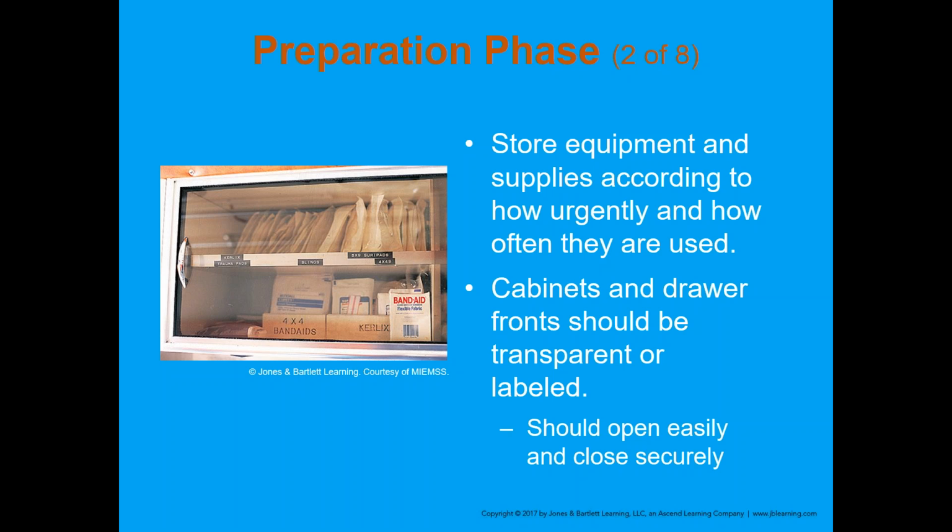Pretty much every ambulance is the same cabinet wise. They're all transparent so that we can see inside it, or they're labeled as such. We need to be able to open and close them easy so that we can get into them, right? Nothing's worse than trying to use a key to unlock something while somebody's dying.